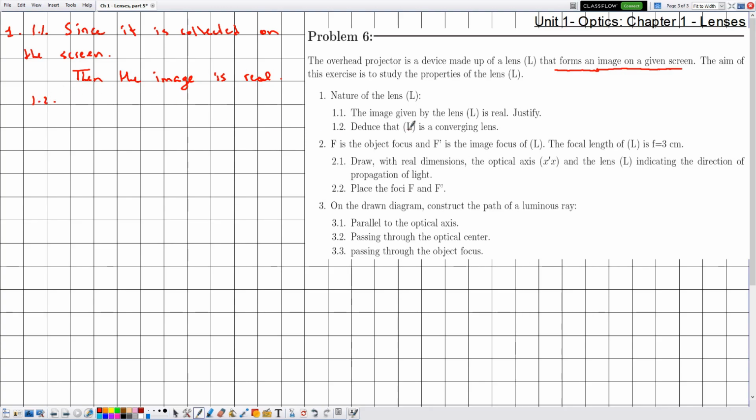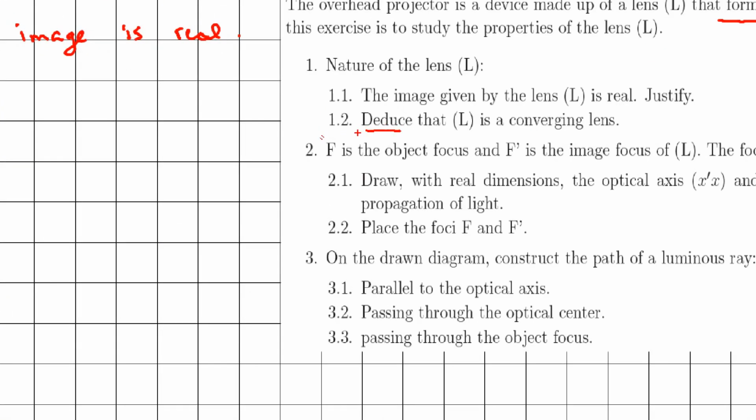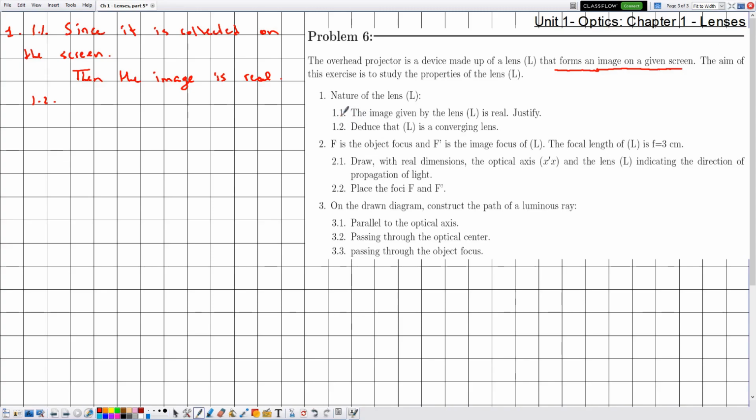In 1.2 they are telling me deduce that L is a converging lens, and the word deduce means that we need to use the part just previously before. In part 1.1 we have specified that the nature of the image is real, and we know that only a converging lens can give a real image.